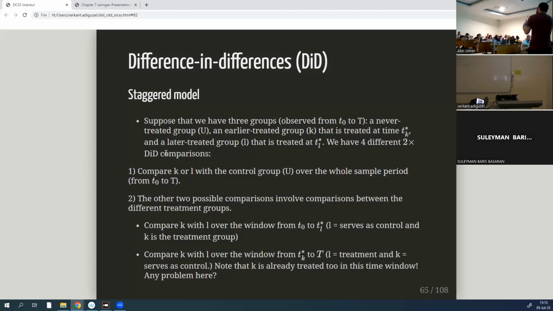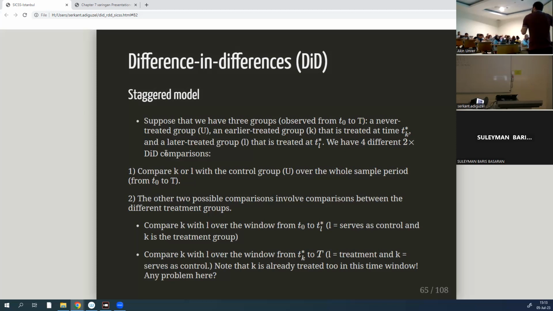Some of the 2x2s you compare actually involve these forbidden comparisons. And if you read these methods papers, they call this the negative weighting problem. Why negative? Because you use them as control while they were already treated. You cannot use a treated group as a control group. That's the heart of the problem that two-way fixed effects cause.